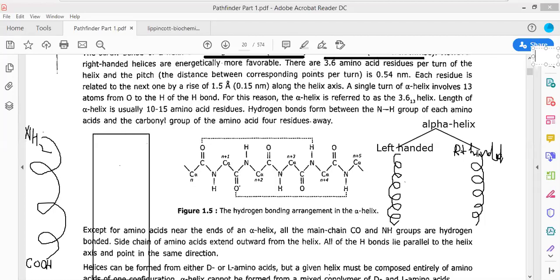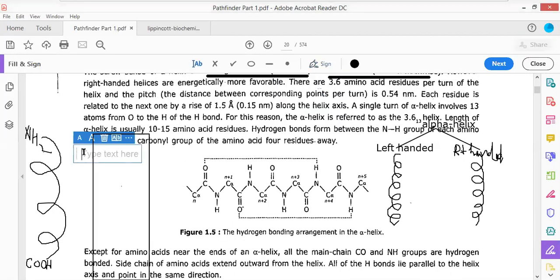See why this right-handed alpha helix is much more stable. Now, do you know which type of amino acids are present in the case of humans? In the case of humans, L amino acids and D sugars are present in higher eukaryotes. Just a minute, I'm taking another thing so that it could remain written.